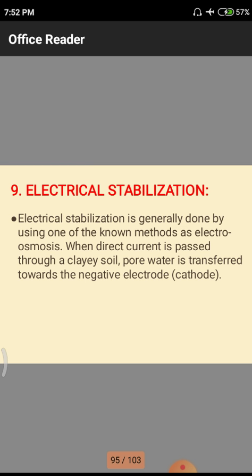Due to this attraction principle, the water present in the soil is collected at the cathode. At that particular point we need to dig a hole and remove the water, so it is very easy whenever we go for stabilizing the soil with the help of electrical power, especially in clay soils only.